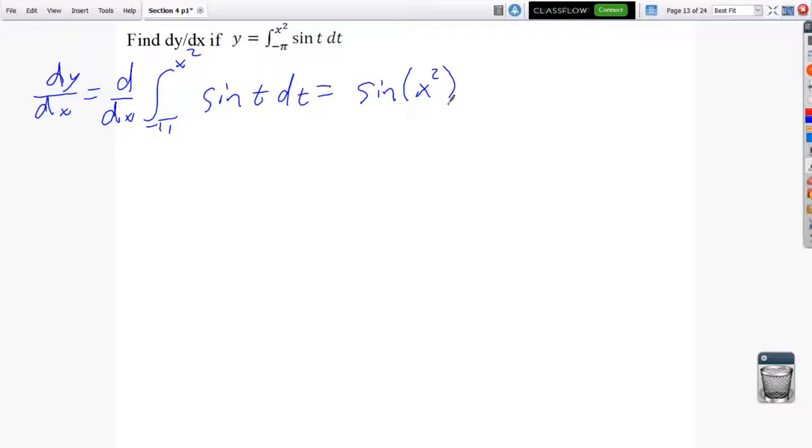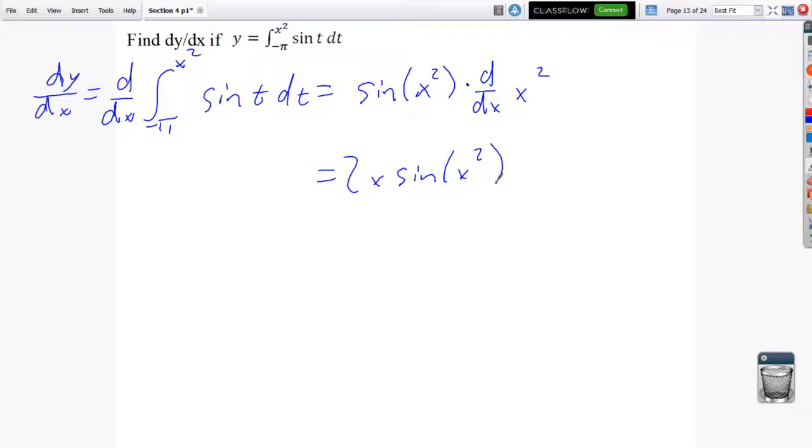But we need to include our chain here. Since we have an f of x as our input here, we're going to multiply by d dx of x squared. And we could probably do d dx of x squared in our heads, right? I hope at this point you can. 2x sine of x squared. And I'm done.